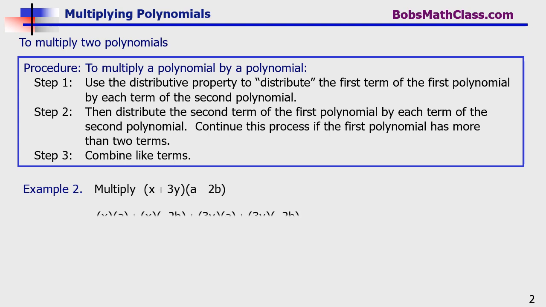So x times a plus x times negative 2b plus 3y times a plus 3y times negative 2b. See how this works. So we're multiplying x times a, and then we multiply x times negative 2b, and then we come back and multiply 3y times a and 3y times negative 2b.